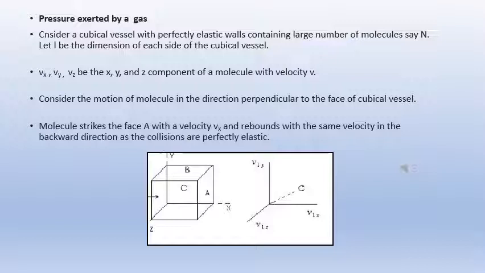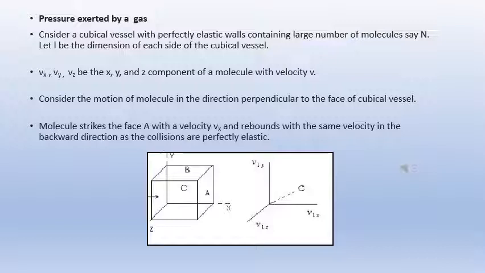We are considering an ideal gas which is enclosed in an elastic cubical vessel containing n number of molecules. Let the dimension of each side of the cube be L. Suppose the sides of the cube are parallel to the coordinate axes as shown in the diagram.